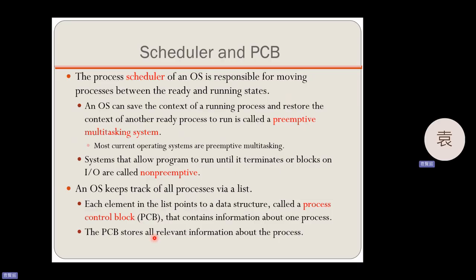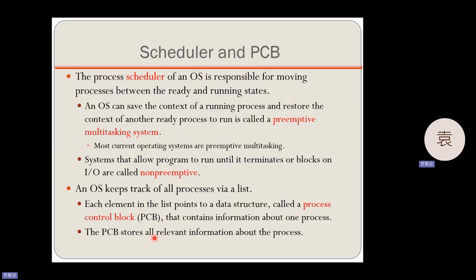To move a process from ready to running, the operating system first needs to save the running process's current context. That means its current program counter, the values of the CPU registers, and other attributes related to CPU execution.